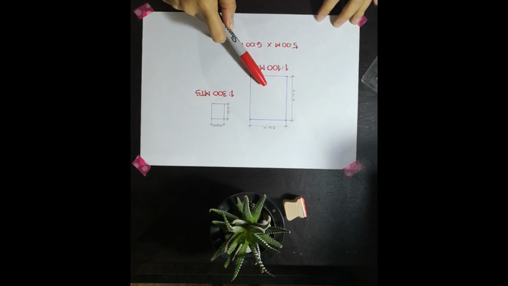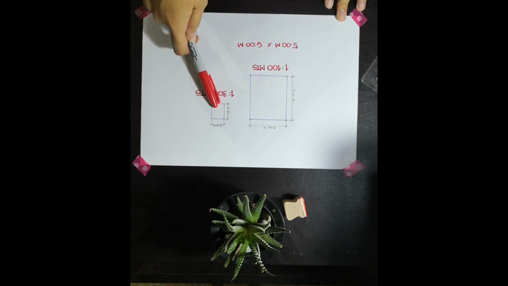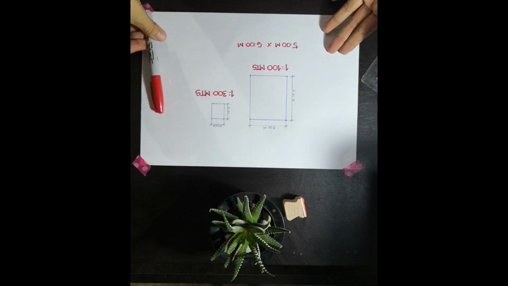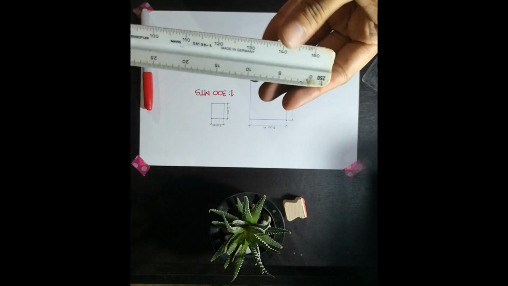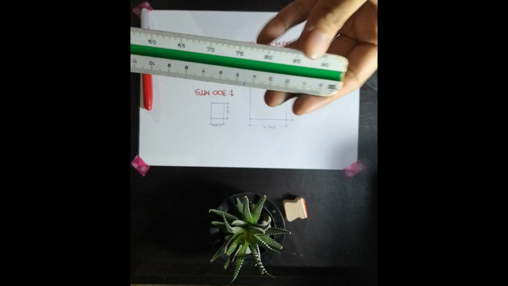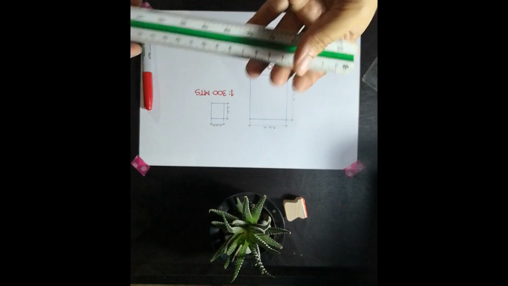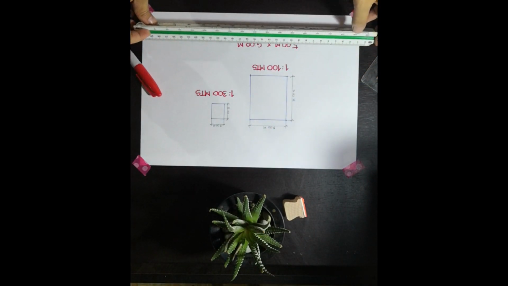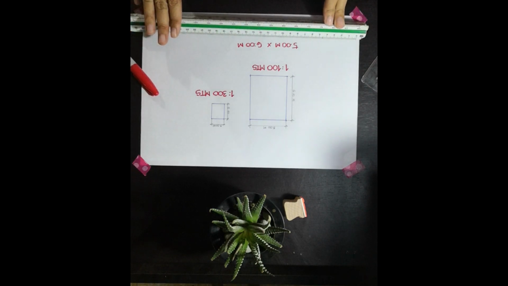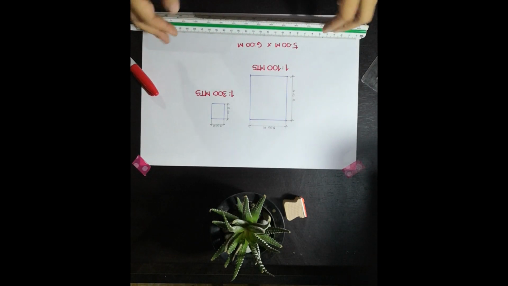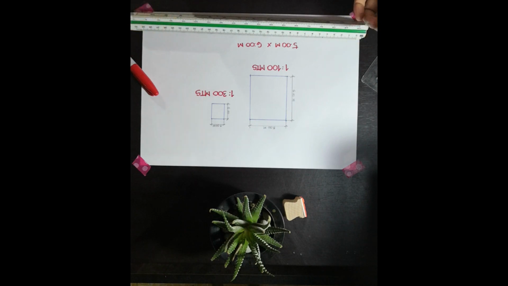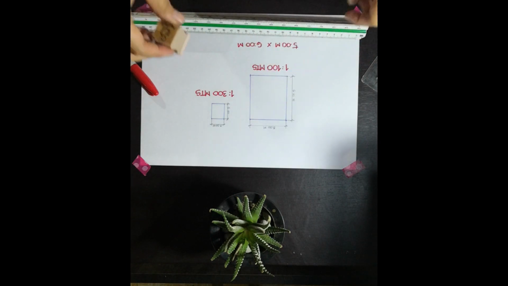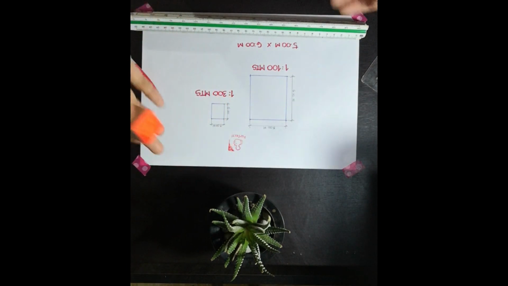So meaning to say, if we are using a larger number of the scale, we will have a smaller size of our drawing. Vice versa, if you are using a smaller number, we will have a bigger size of our drawing. Because, again, the larger the number, the smaller the scale. And that's it. Hope you learn from this video.